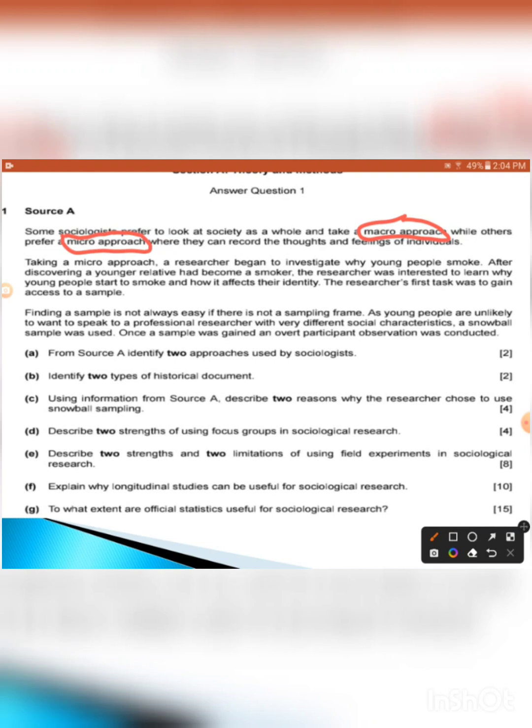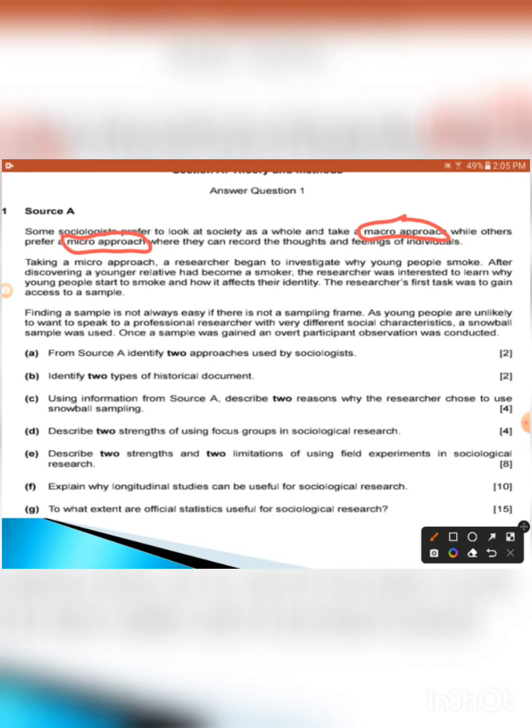Okay, so in sociology, macro approach refers to those sociological approaches that see society as a whole. Okay, they don't consider the individual needs and wants of the people. So this is basically the macro approach.